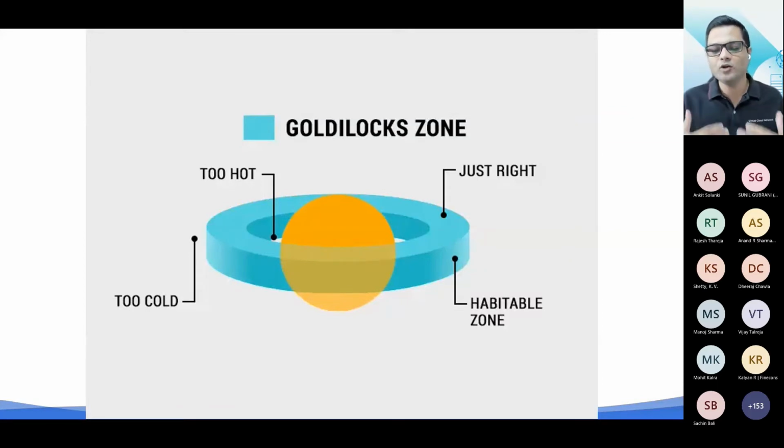Had Earth been any closer to the sun, all that water would have evaporated, and life couldn't have been sustained. And had we gone a little further away, all that water could have frozen into ice and never turned into water, so life could not have taken place on Earth. So Earth is in that Goldilocks zone where we have life, water, plants, animals, everybody living together.